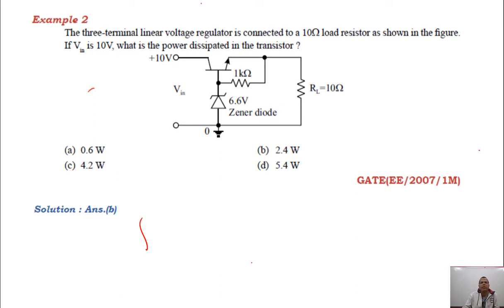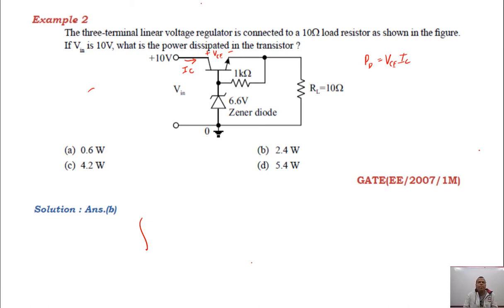For finding the power dissipated in the transistor, first of all I need to find the collector current of BJT and voltage between collector and emitter, that is VCE, right? The power dissipated in the transistor is nothing but voltage VCE multiplied by collector current. Fine.